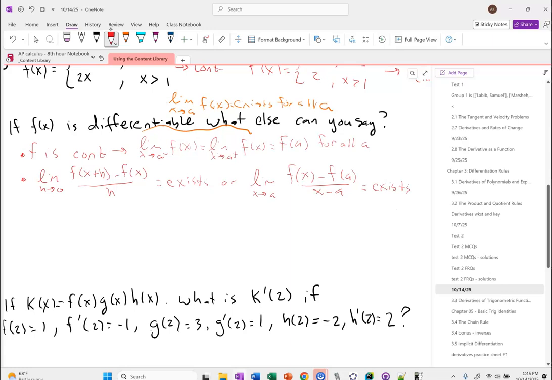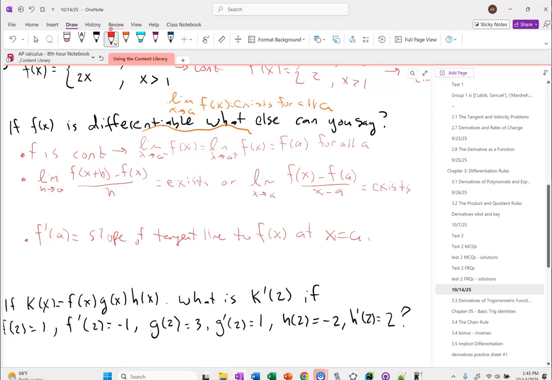So the derivative of f at a is the same thing as the slope of the tangent line to f at a. You can say that, those two statements are equivalent.